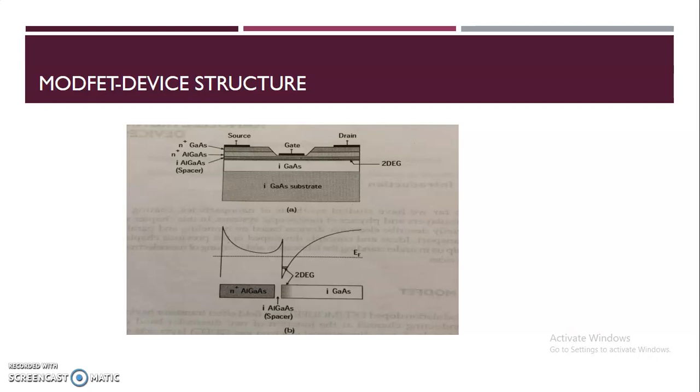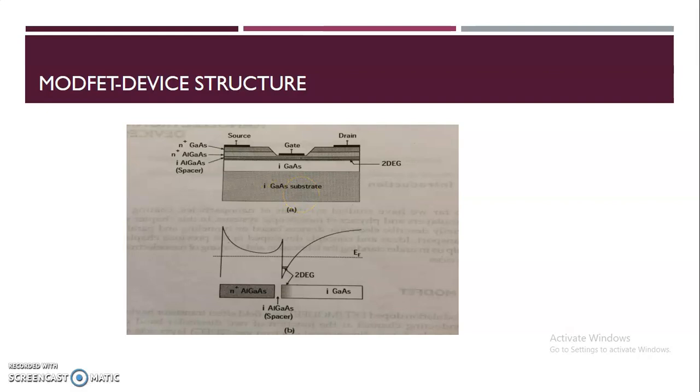Now it consists of a source, gate and drain as shown in the figure, and all these electrodes are present. The layers of MODFET are metal, N-type GaAs, intrinsic GaAs and an insulating substrate. That is why it is written as semi-insulating GaAs substrate.